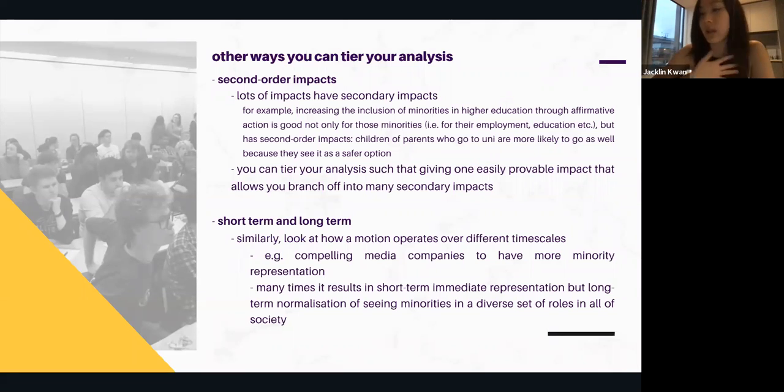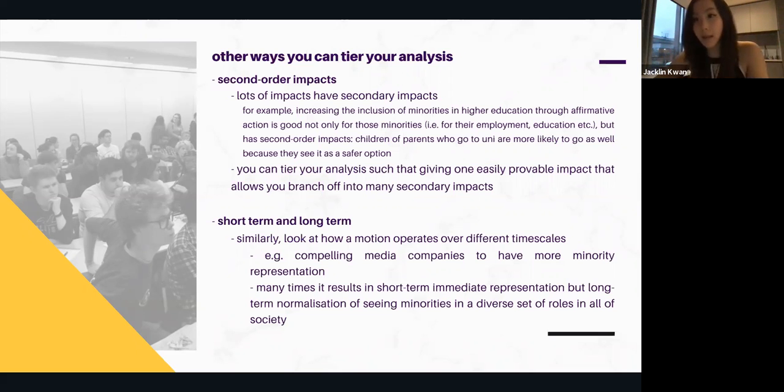That's really good because people like to see themselves reflected on television. But in the long term, that's where it really matters. Long term, you have children growing up watching these television programs and they see minorities in a diverse set of roles in all of society. And because of this, they feel like they can be a lawyer, a doctor, an actress, even when social stigma often traditionally tells them they can't be those things. And so, any questions whatsoever?